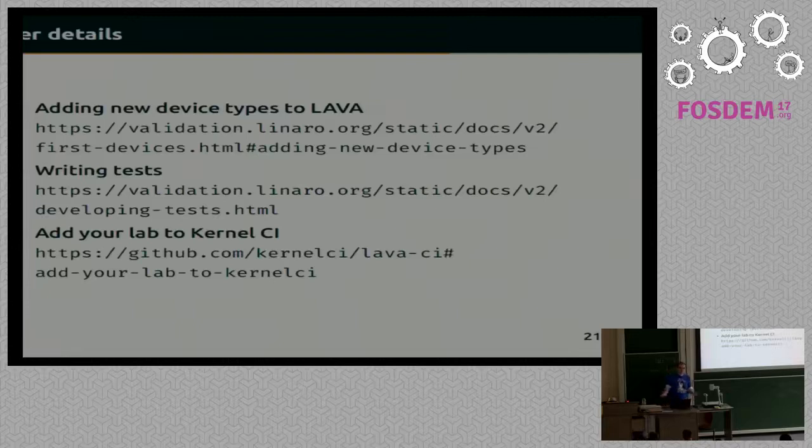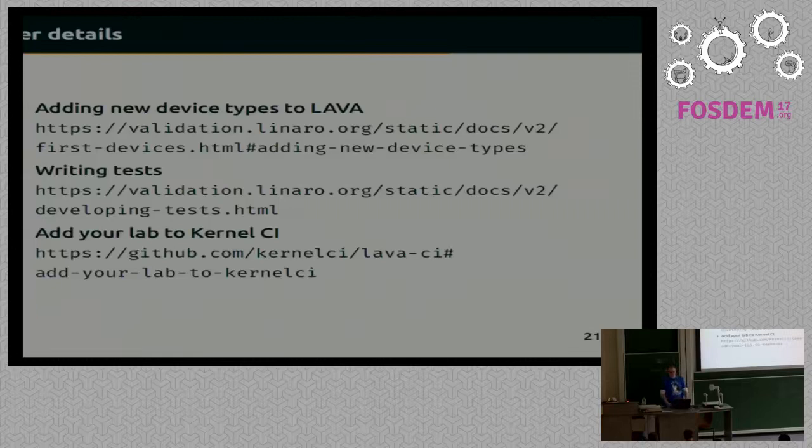All the documentation for doing so is already available. You might also be interested in writing your own tests or migrating your current test cases to Lava. The default Lava documentation has you covered as well.